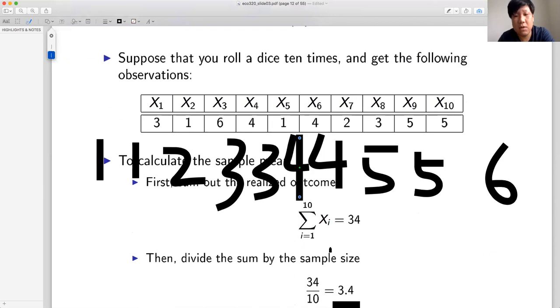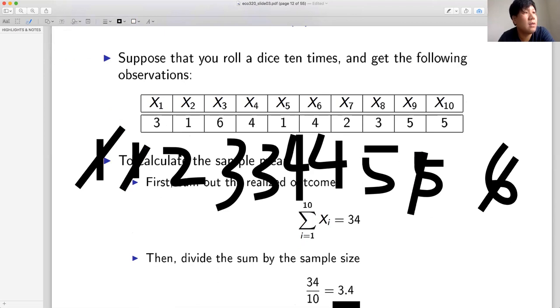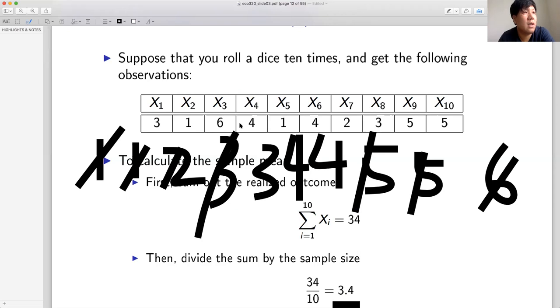So how do you find the median? I know everyone can do that, right? First you put this in ascending order and just eliminate 1 and 1, and so on.